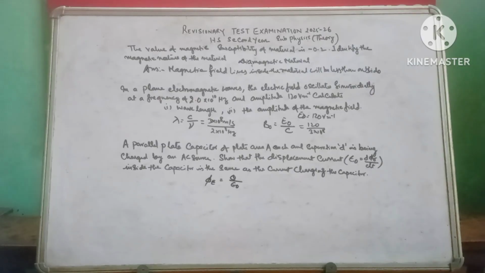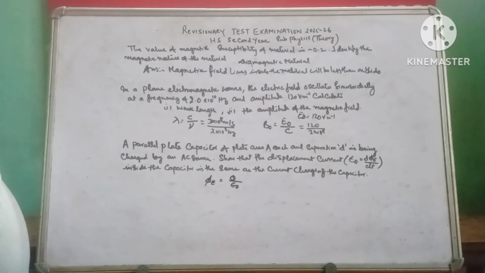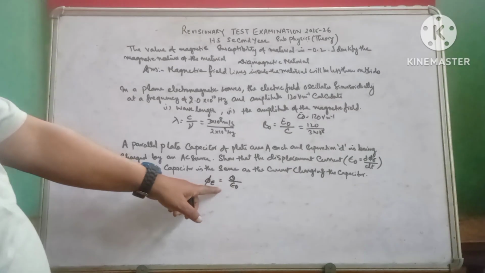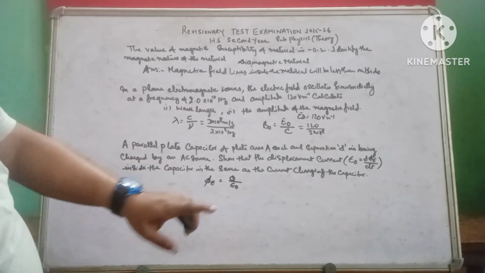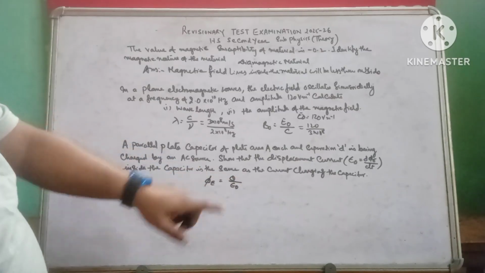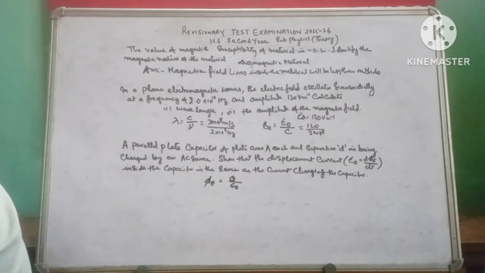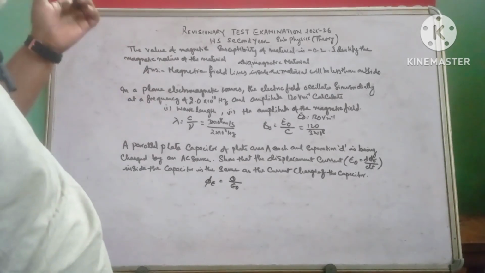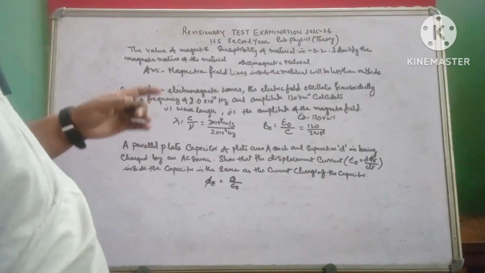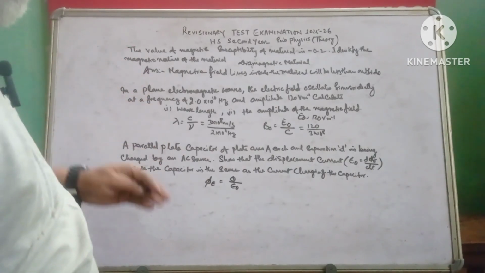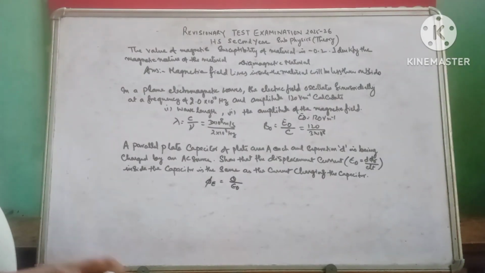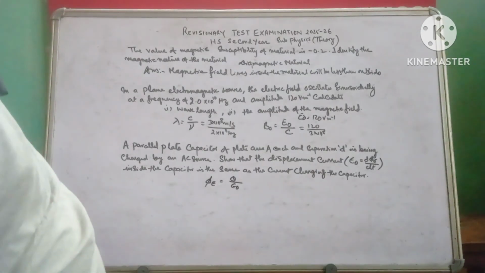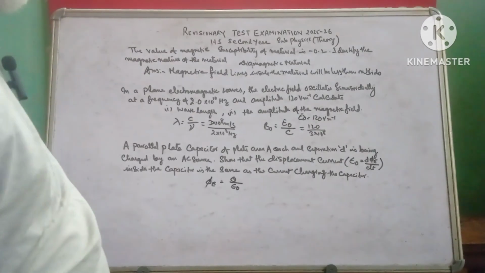You have studied in capacitor that the flux inside the parallel plate capacitor is charge by epsilon naught, which was derived from the plate: the flux at any point outside a charged plate is sigma by 2 epsilon naught, where sigma is your charge density.